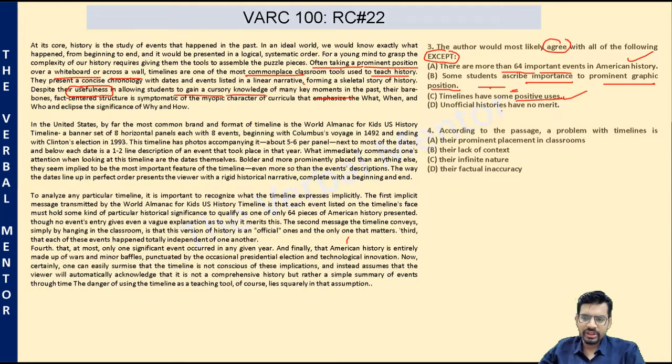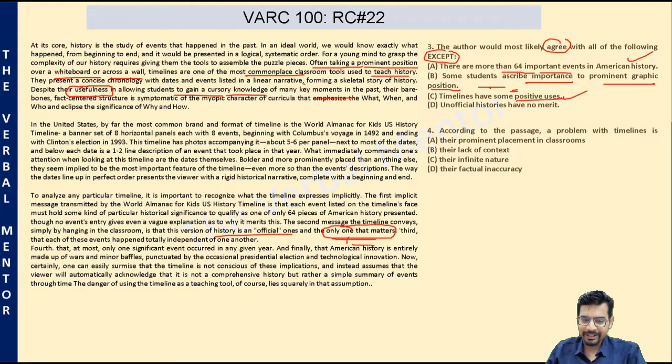Unofficial histories have no merit. Now, please note, author thinks that, here, second last paragraph, he says the timelines give you an impression that this is the official version of history and the only one that matters.